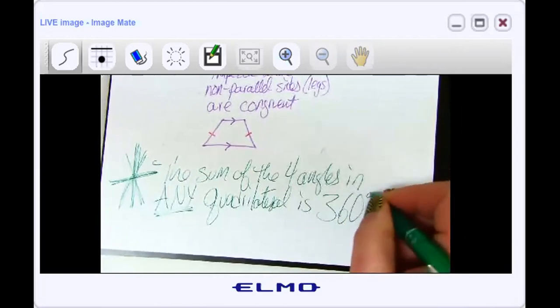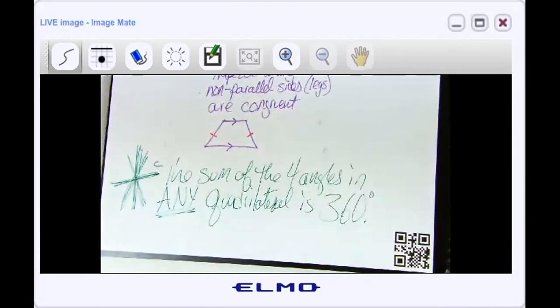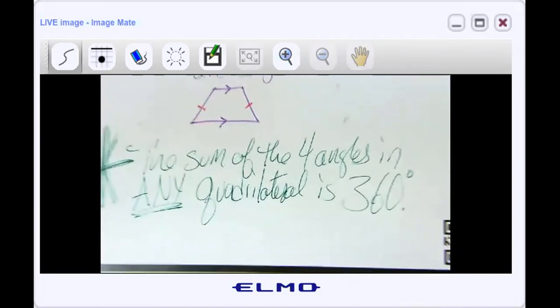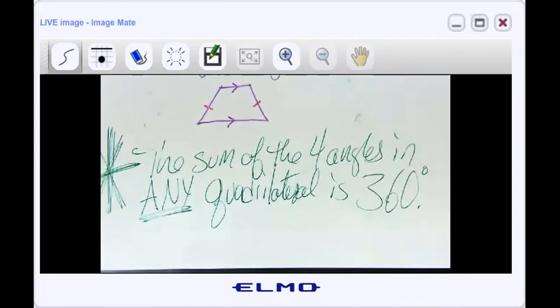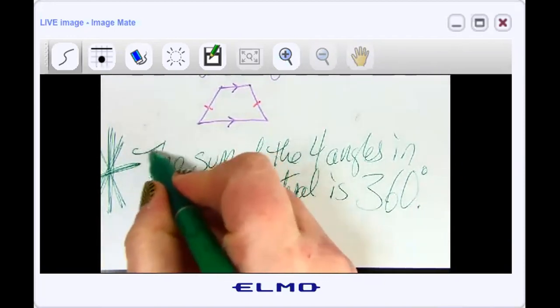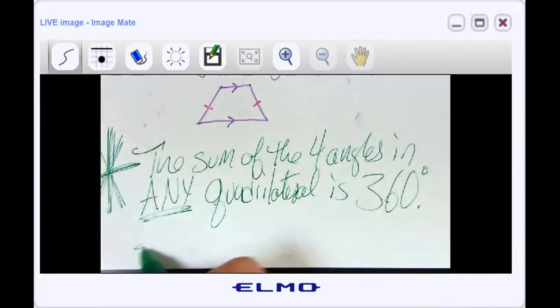Always, always, always. Just like the sum in any triangle is 180, the sum in any quadrilateral is 360. So super big star, very important. And what an interesting bit of information.